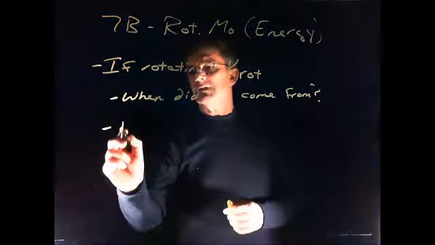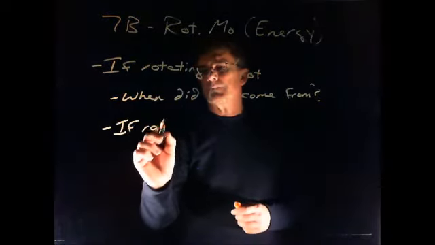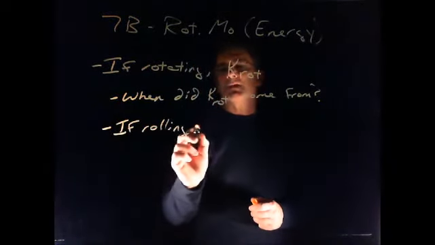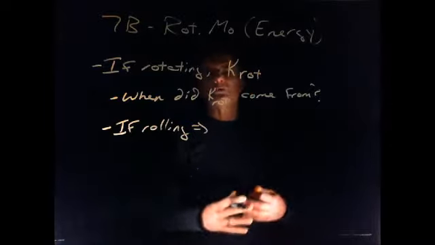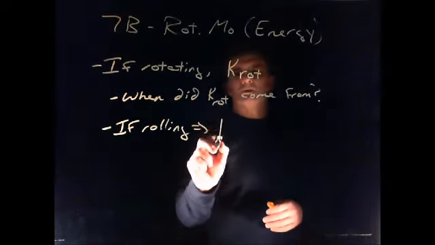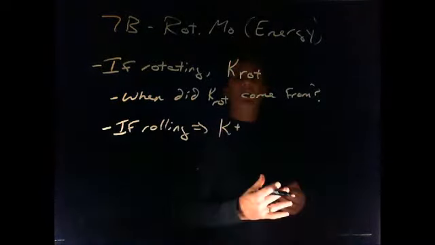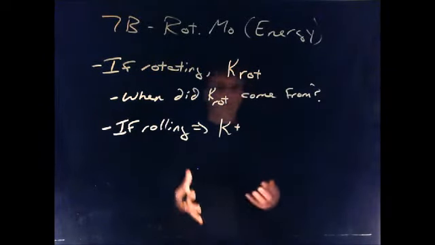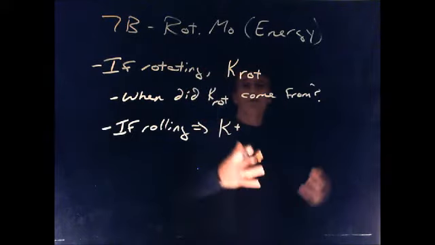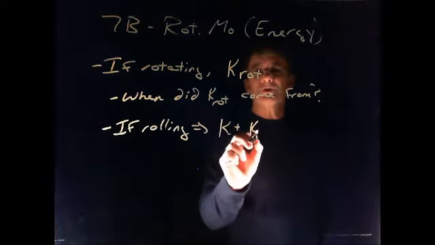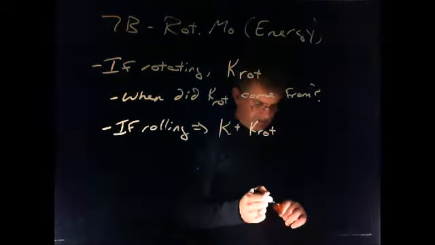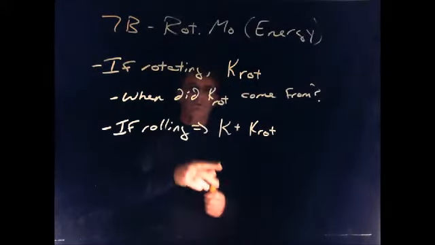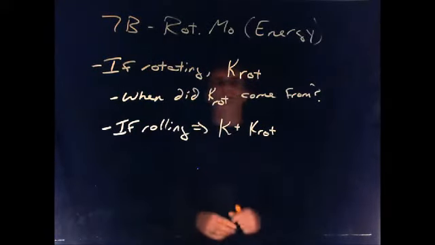If it's rolling, then we have linear or translational kinetic energy. We also have rotational kinetic energy. Technically the rotational kinetic energy is called rolling kinetic energy. I'm just going to call it rotational because we don't get into all the calculations between rotational kinetic and rolling kinetic. I don't care about them in here.